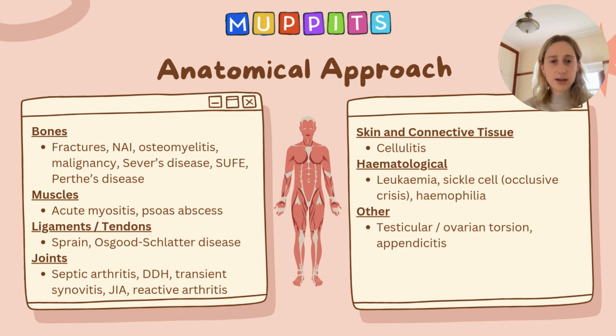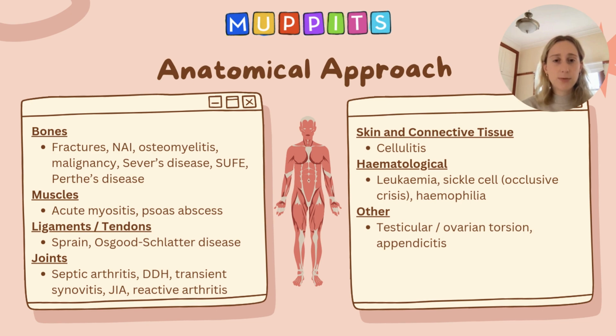If we're thinking skin and connective tissue, if there's cellulitis of the skin overlying a joint, that could cause limp. Certain hematological conditions like leukemia, which can be known for causing bony pain. A vaso-occlusive crisis in sickle cell disease, which is when the sickle cells block some of the blood vessels, and this can lead to ischemia and pain.